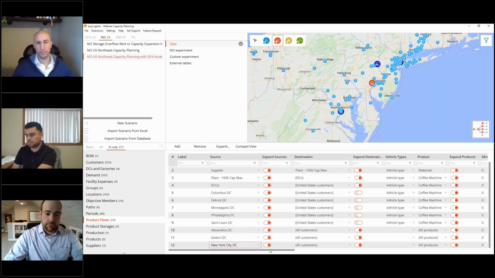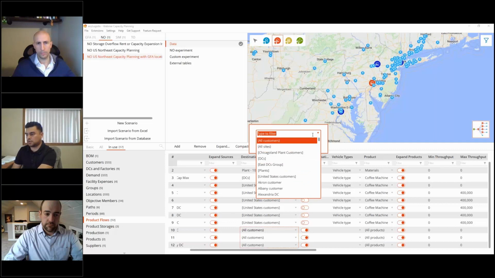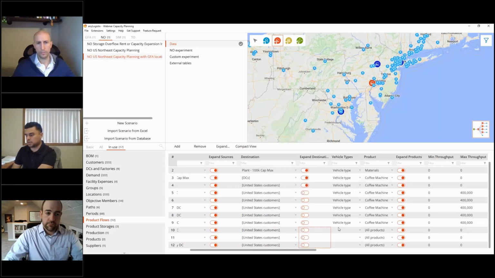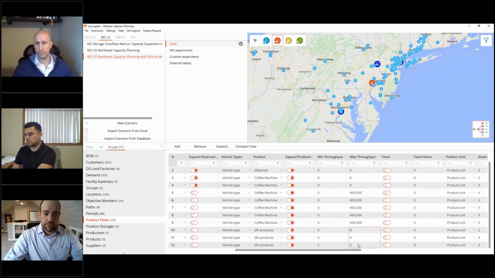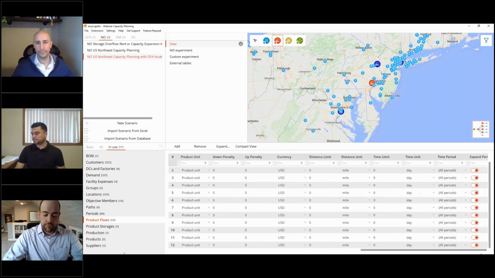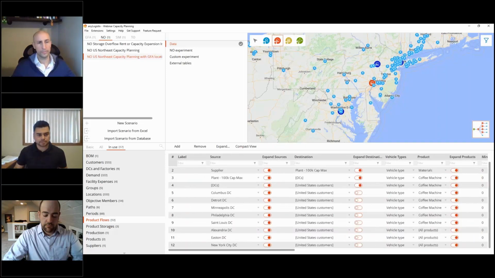Yep, there you go. We just have to make sure we have our customers, United States customers, and vehicle type. Perfect. And let's put the same amount of capacity for right now, just to run the model, and we're all set here.